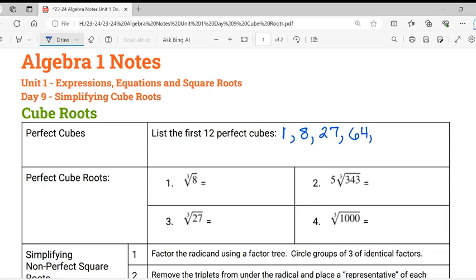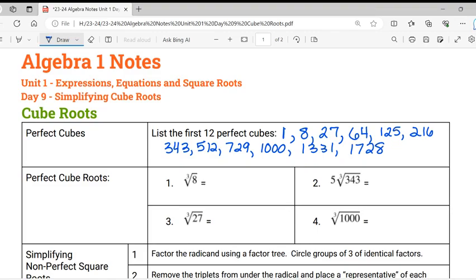And we can continue on doing that multiplication to find the rest of the perfect cubes up through 12. And here we have our list of the first 12 perfect cubes.